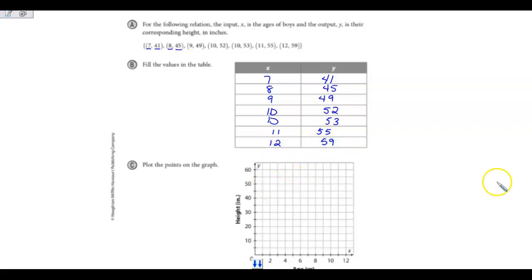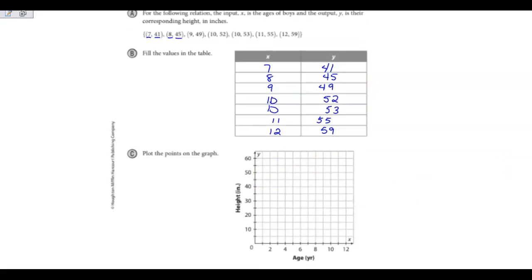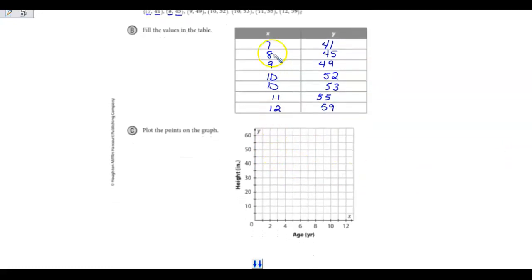Okay, and now we're going to plot those points on our graph. So we have 7, 41, just a little above the 40, and 8, 45.